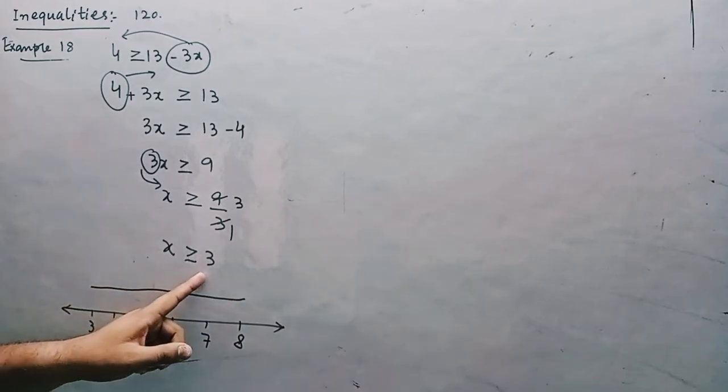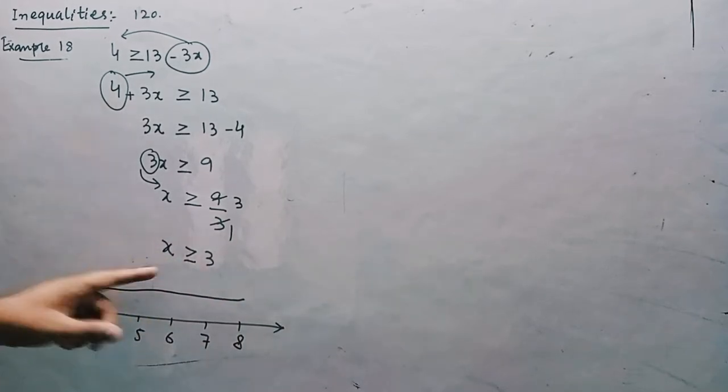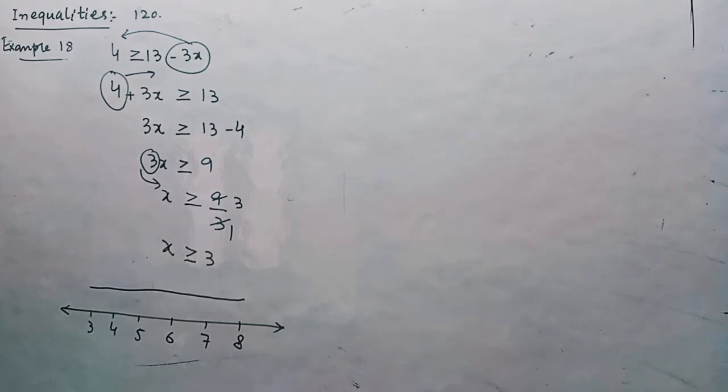Actually I have not here the top limit. It is greater, it can be 4, 5, 6, 7, 8, 9, 10, 11, 12, 13, 14 and whatever is there we can do that. So that's why I have to put here the arrow.